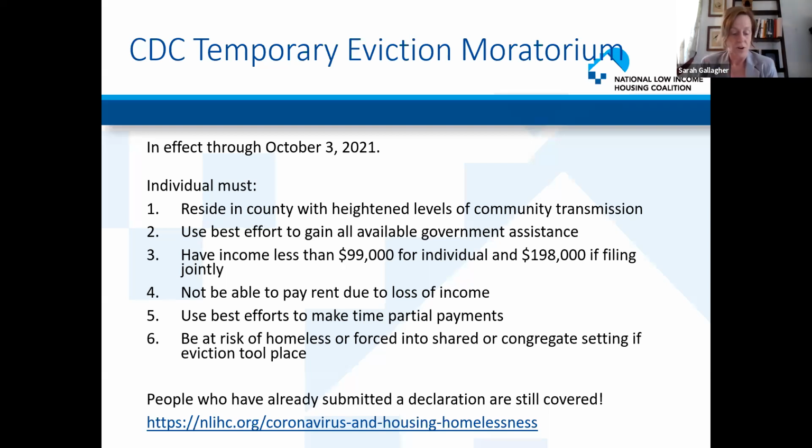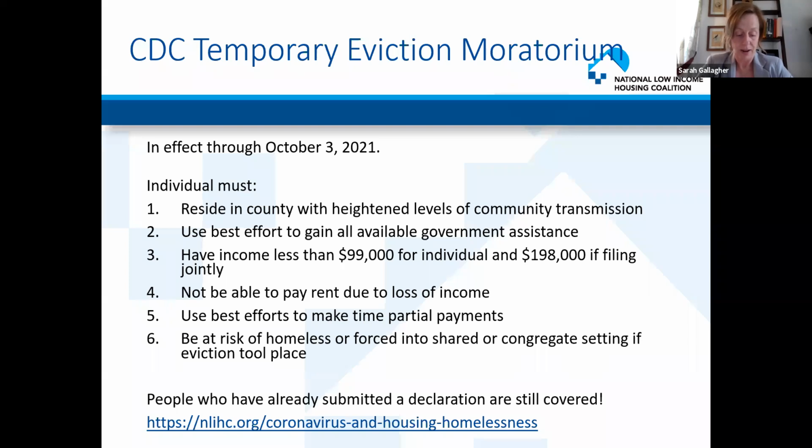This order covers individuals who are residing in counties with heightened levels of community transmission. And like past moratoriums, it's intended for individuals who have used their best efforts to gain available government assistance, individuals who have incomes less than $99,000, or if you're filing jointly, $198,000.